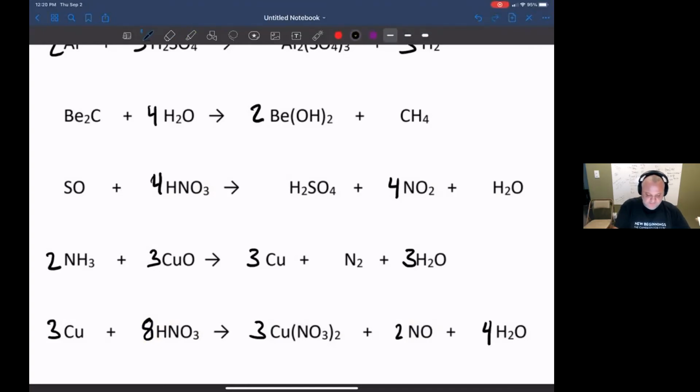So now I've got 24 plus 4 plus 2, that's 6, and 6 plus 18, that's 24. So the oxygens are balanced. Oh, wait, everything's balanced now. The nitrogens are balanced, the hydrogens are balanced. Here's the last one we were working with, hydrogen. There's 8 hydrogens and 8 hydrogens.